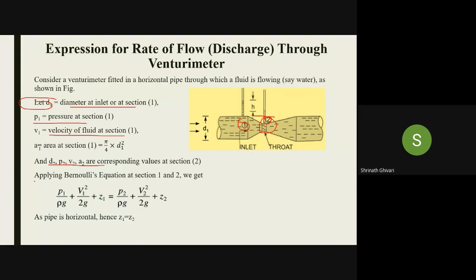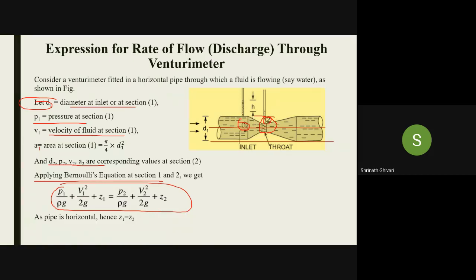Applying Bernoulli's equation at sections 1 and 2, we get P1 by rho g plus V1 square by 2g plus Z1 equal to P2 by rho g plus V2 square by 2g plus Z2. As this pipe is horizontal, if I consider the datum line through the center of the pipe, sections 1 and 2 lie on the same plane.